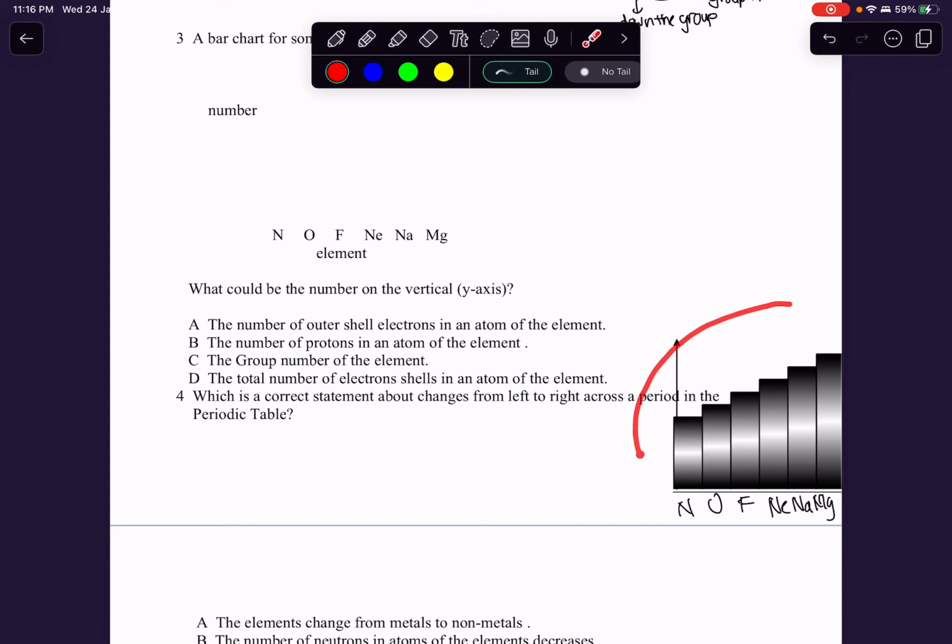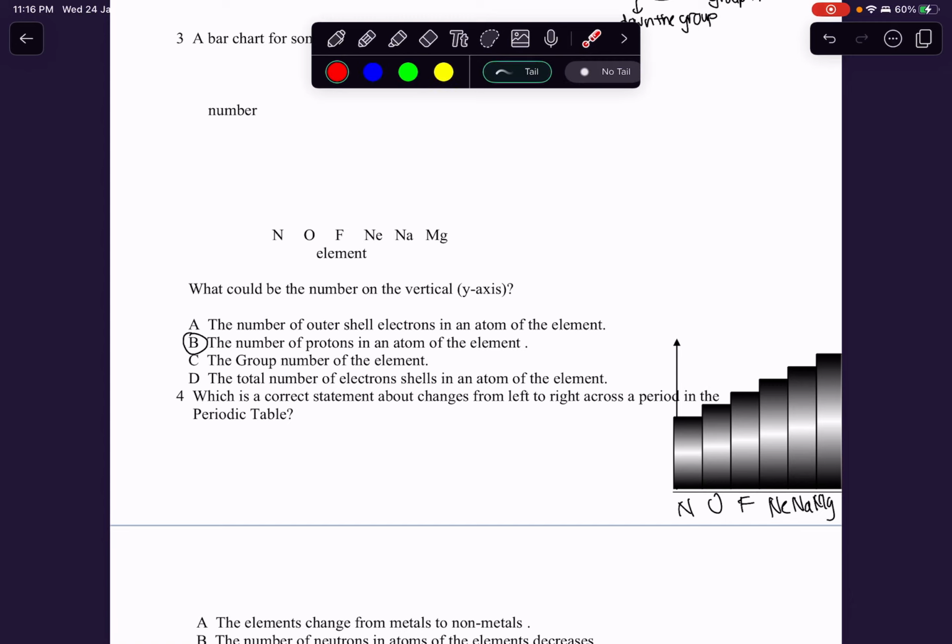If you check the periodic table, you notice they are increasing in proton number, going from period 2 across to period 3. If you caught that, the answer will be B, but you can also check the rest to see if they are wrong.